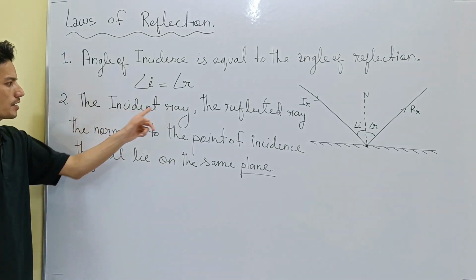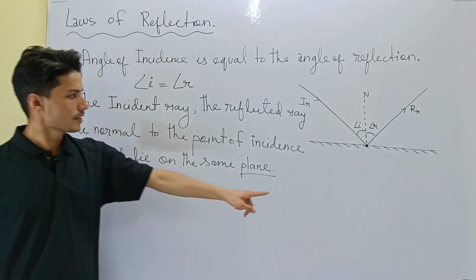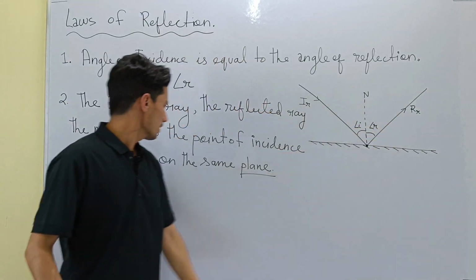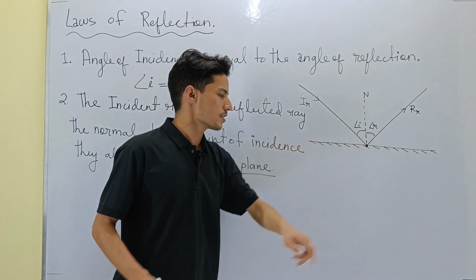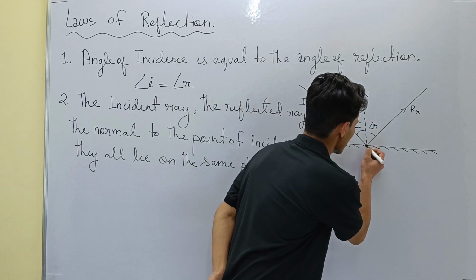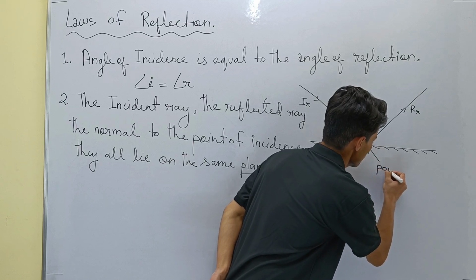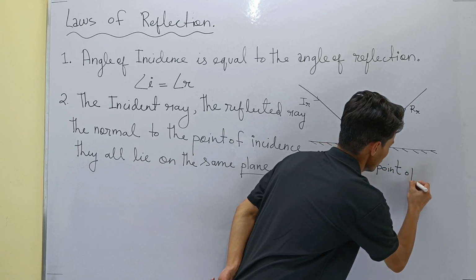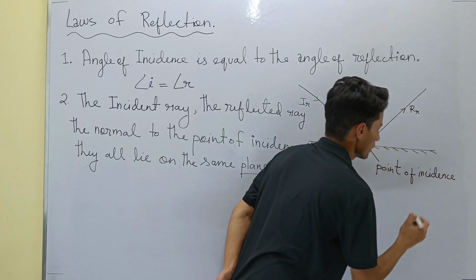The incident ray, this is the incident ray. The reflected ray, this is the reflected ray. The normal to the point of incidence. Yes, this point I forgot to label. Remember class, this is the point of incidence. Please label it, point of incidence. Very important.